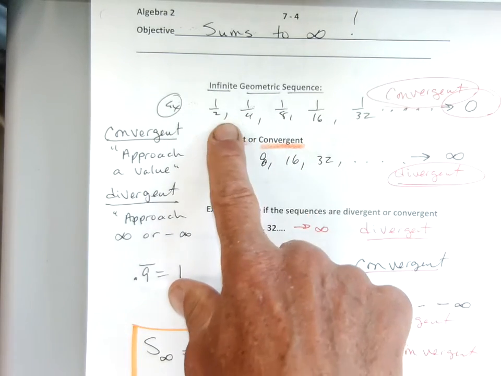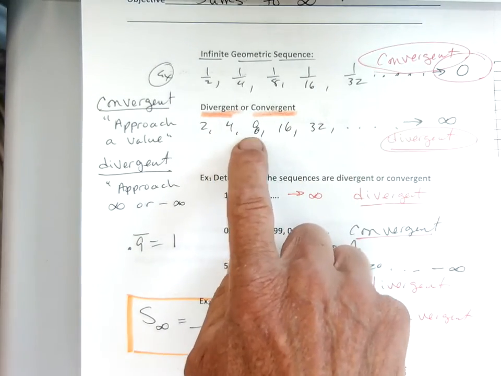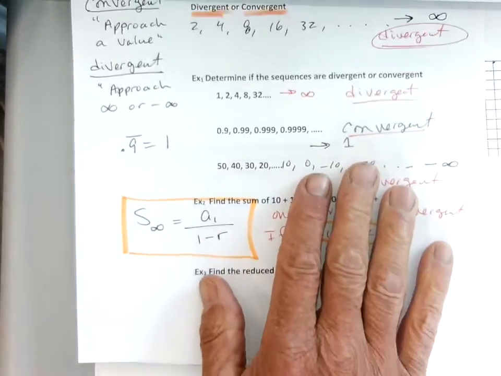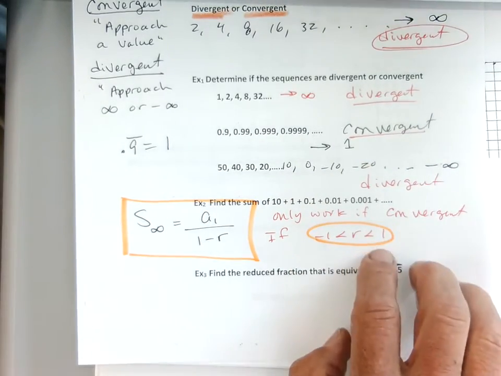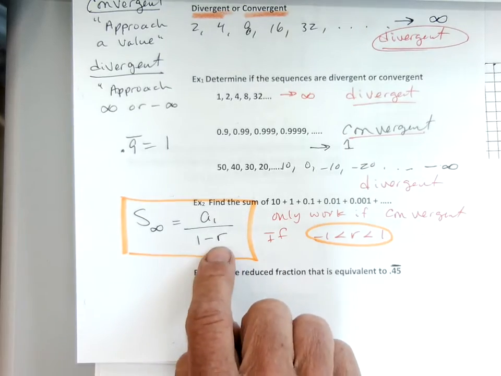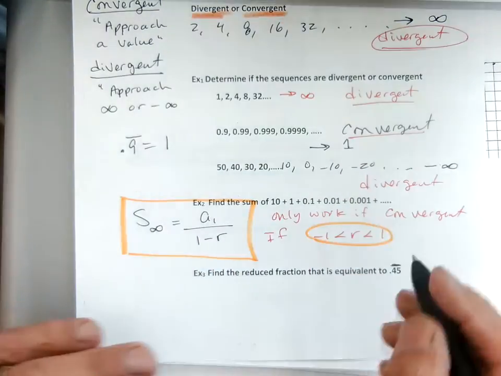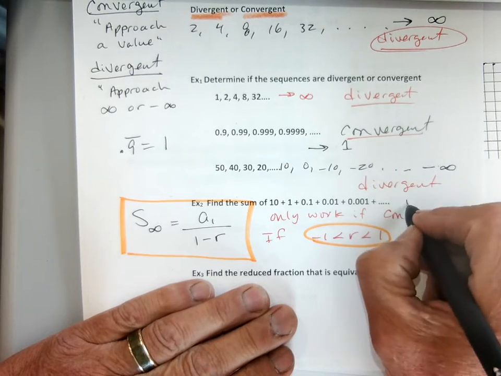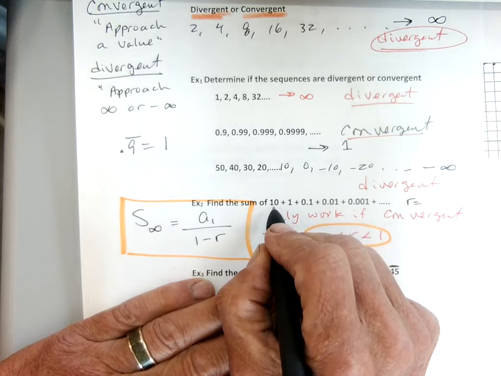But here my multiplier was 2. Multiply by 2, multiply by 2, multiply by 2. So if R is between -1 and 1, then it's going to end up getting smaller, smaller, smaller. So in this case, this R happens to equal 0.1, right? I multiply by 1/10.